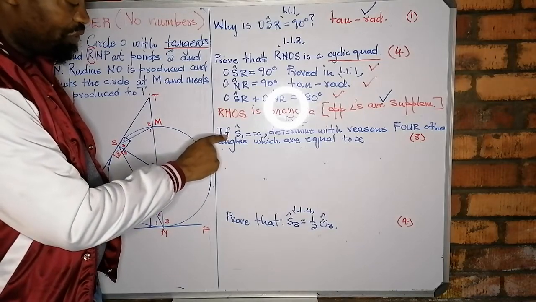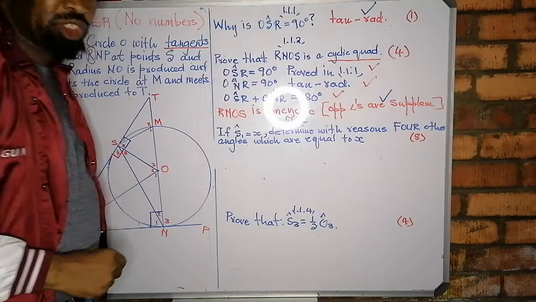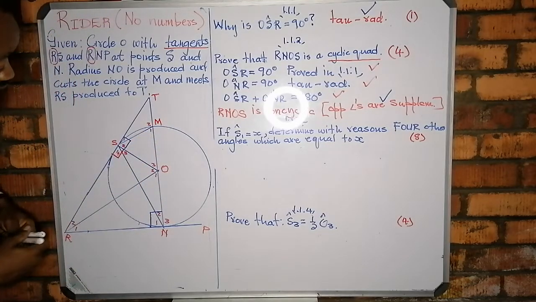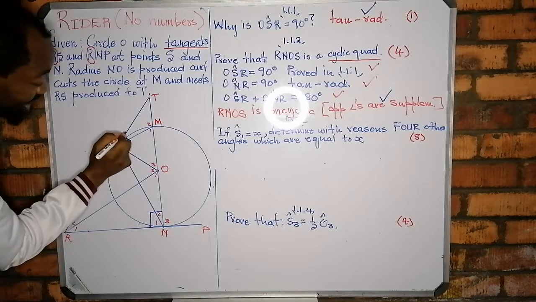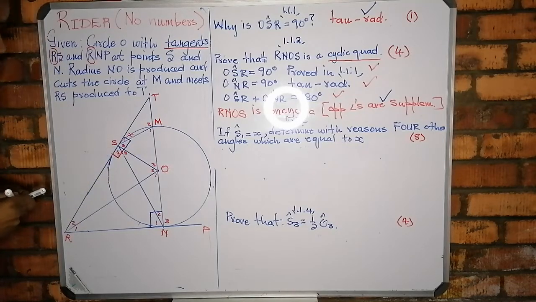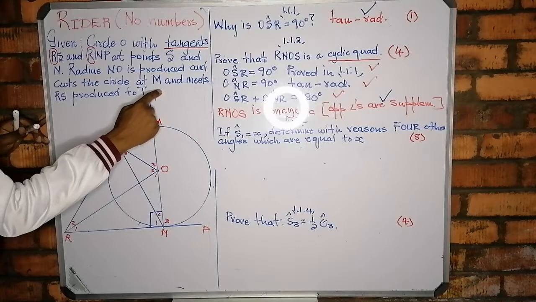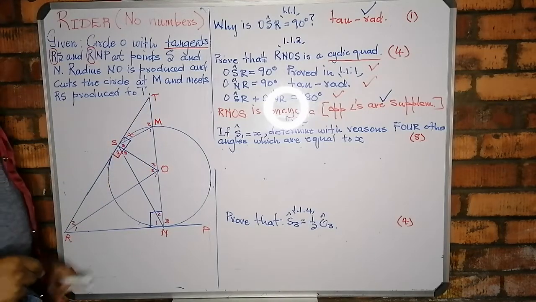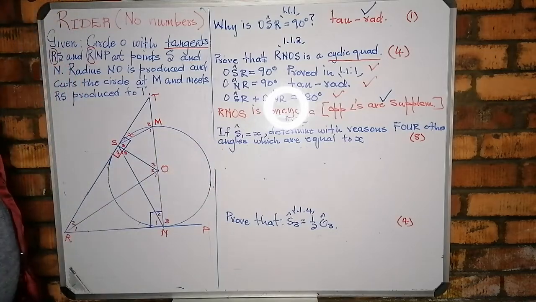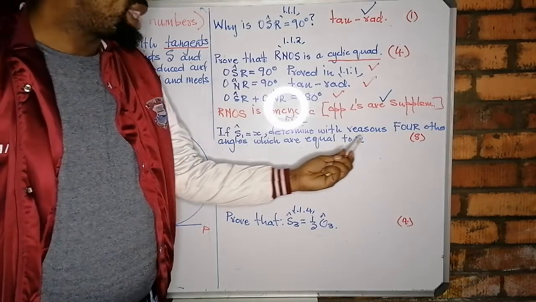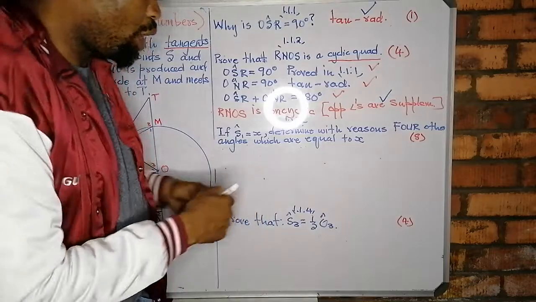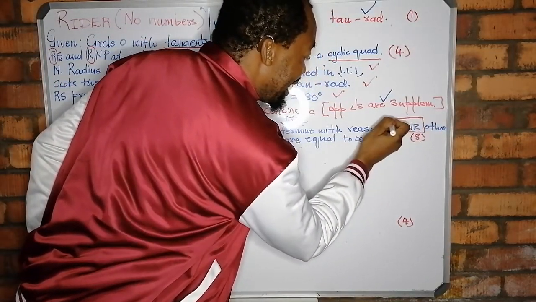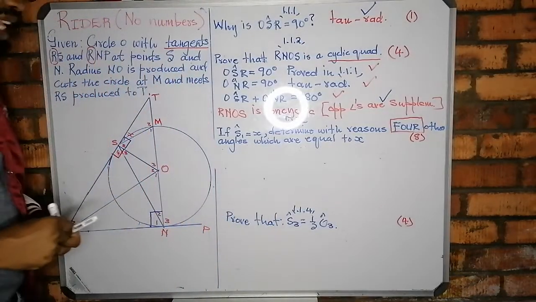Now, if angle S1 is equal to X, that is a statement. Angle S1 is given as X. What is angle S1? It is angle TSM, that angle. It is said to be equal to X. Determine, with reasons, 4 other angles which are equal to X. Let's put it in a rectangle there.